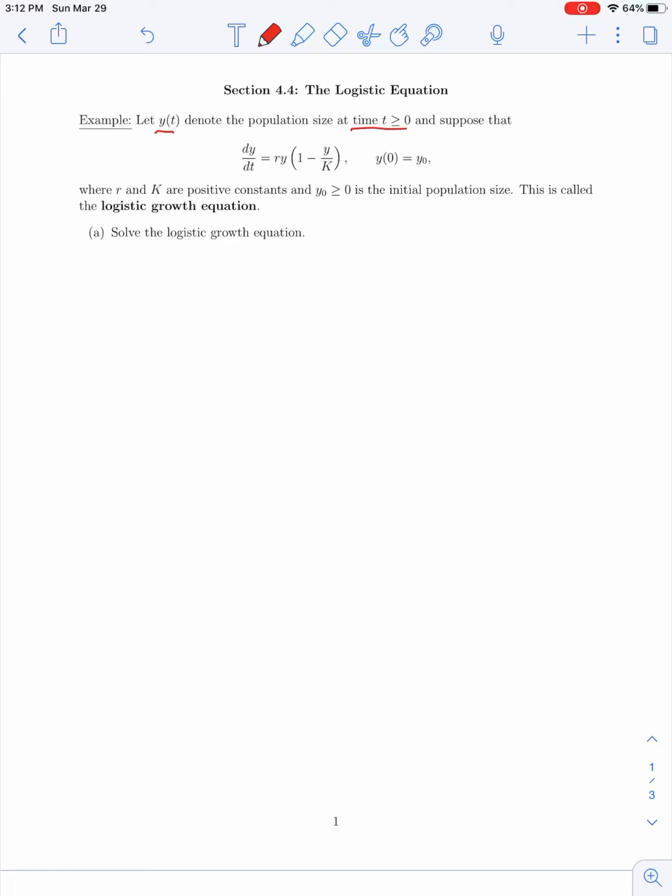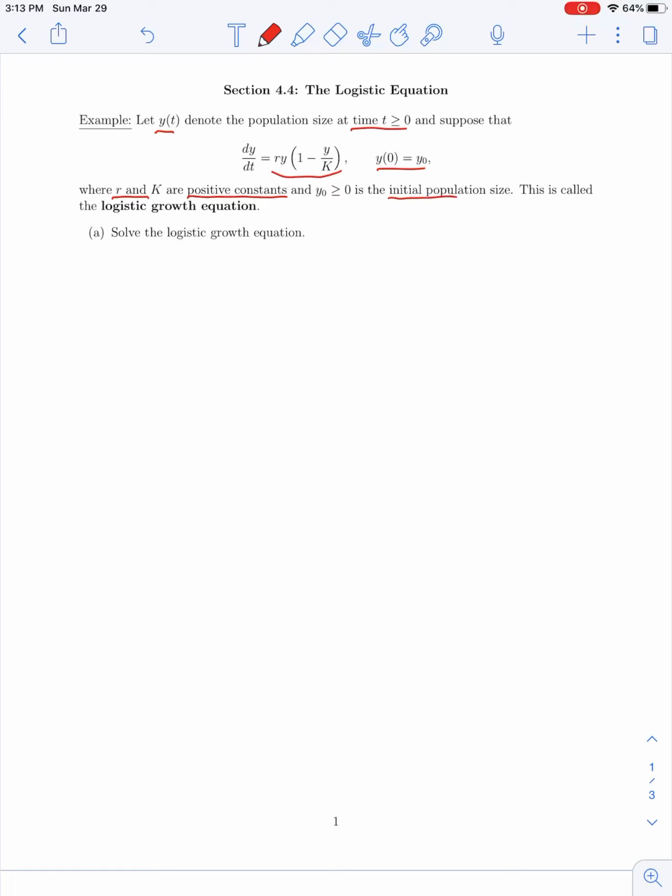Here, y of t is going to denote the population size at some non-negative time t, and we will assume that the derivative of y with respect to t, that is the rate at which our population size changes, is given by the following differential equation. We've got r y times 1 minus y over k, where r and k are positive constants.